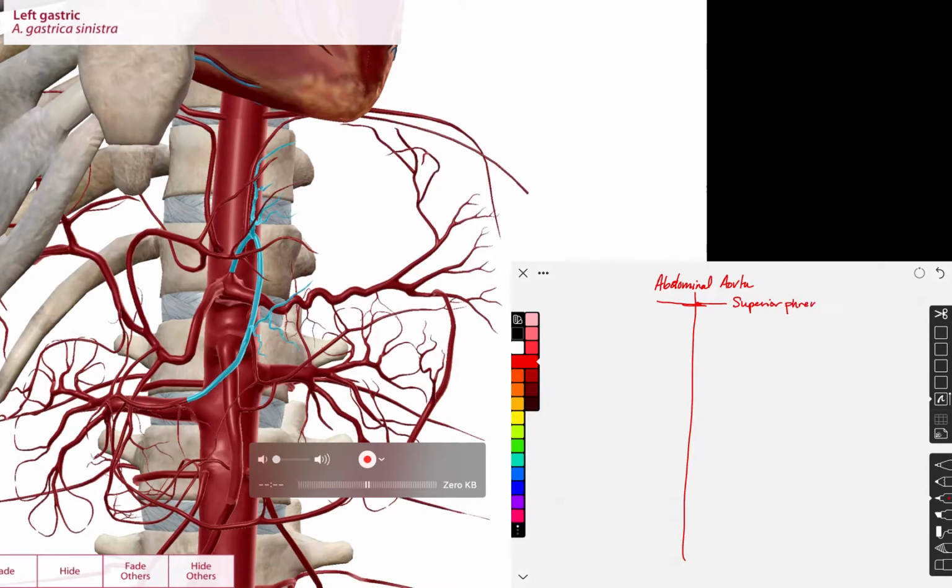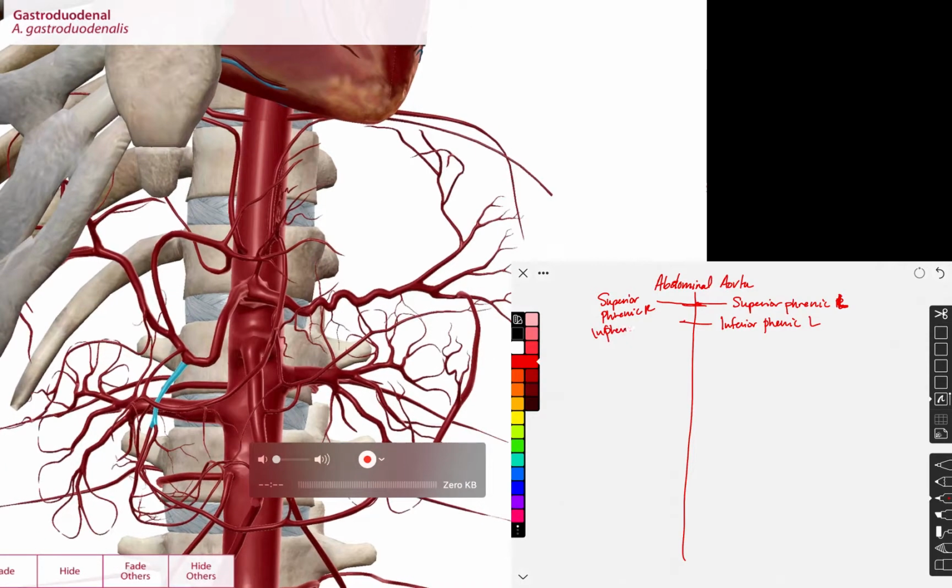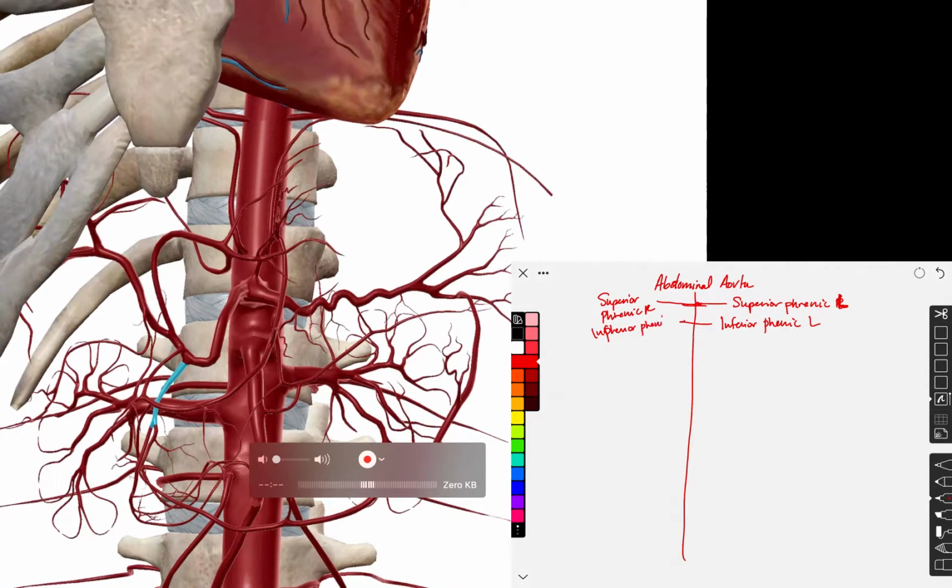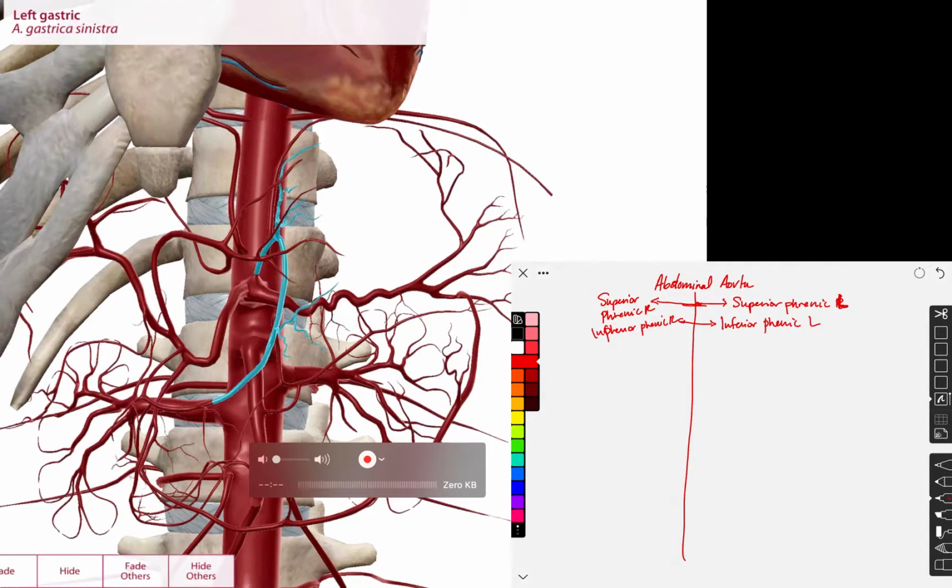Now it turns out that the hepatic actually branches into the proper hepatic, which feeds the liver, and there's another branch which goes down to the duodenum, which is sort of the base of the stomach. Now, if you can picture the organs here, gastric, which is going to go to that stomach.